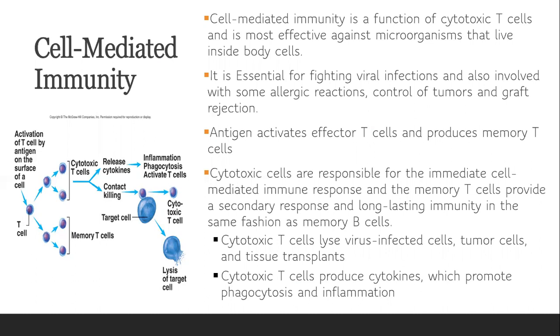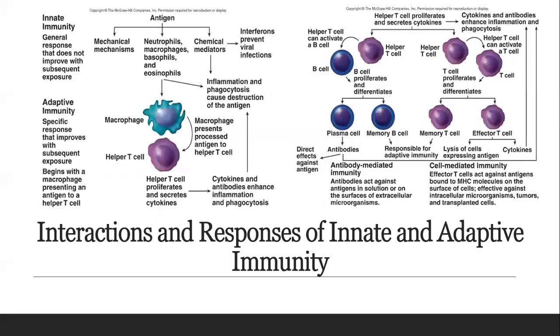These cytotoxic cells are responsible for the immediate cell-mediated immune response, and the memory T cells provide a secondary response and long-lasting immunity in the same fashion as memory B cells. So the cytotoxic T cells lyse virus-infected cells, tumor, and tissue transplant, and produce cytokines which promote phagocytosis and inflammation.